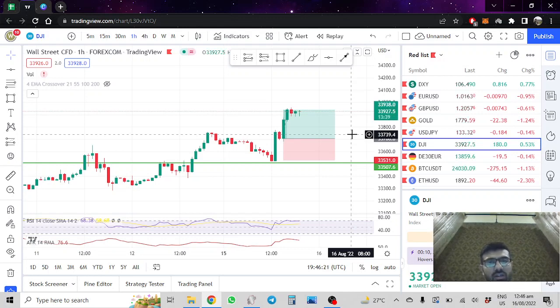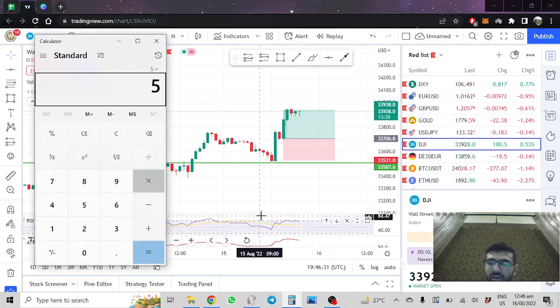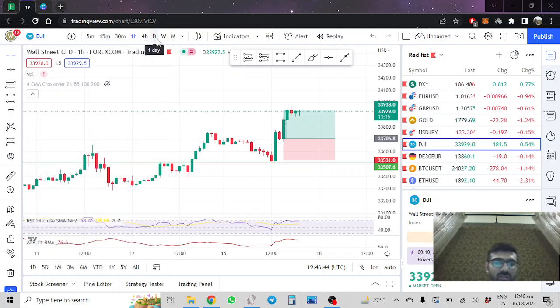If you calculate it with the 1.3 ratio, 5 multiplied by 1.3 gives you 6.5, minus 5. So you are still in a profit of 1.5% overall. This is the kind of system that you need to follow and manage your risk.